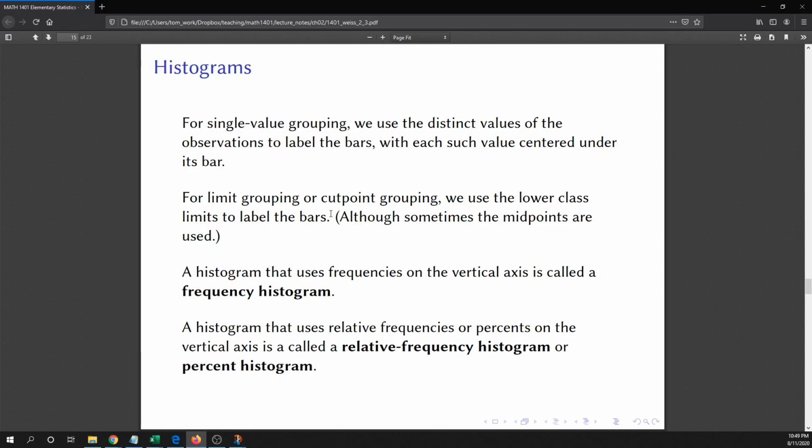And for limit grouping or cut point grouping, you usually use the lower class limit to label the bars, although sometimes the midpoints are used. If you use the frequencies, it's called a frequency histogram. You might use the relative frequencies to represent the height of the bars, and that would be called a relative frequency histogram. Or if you're using percentages, it's called a percent histogram.